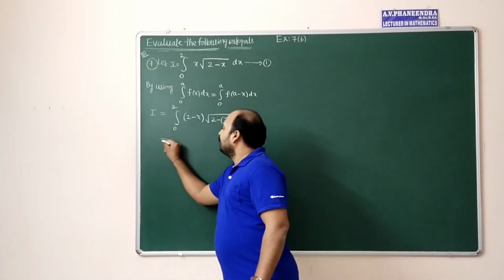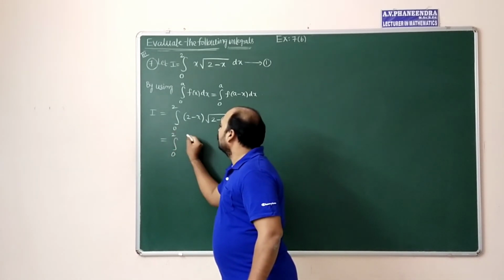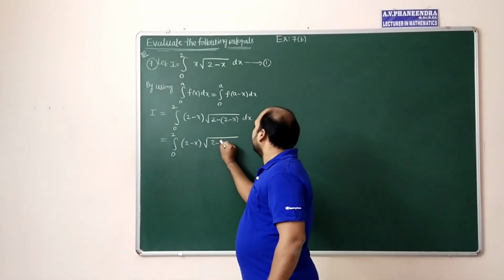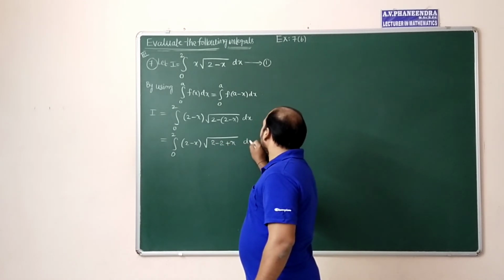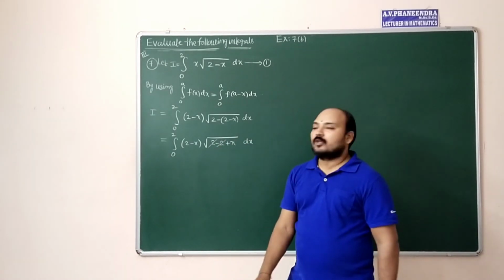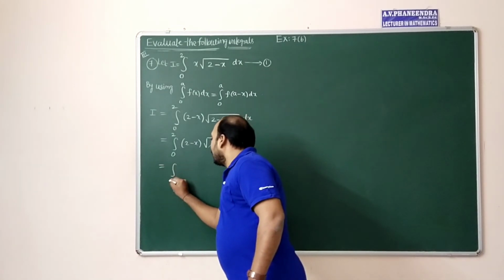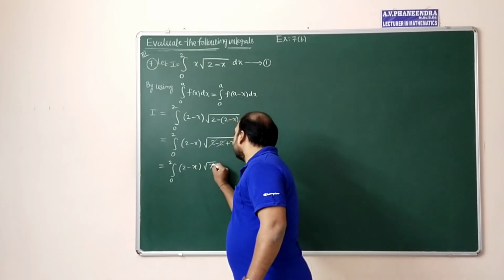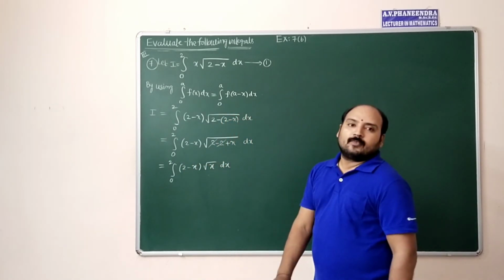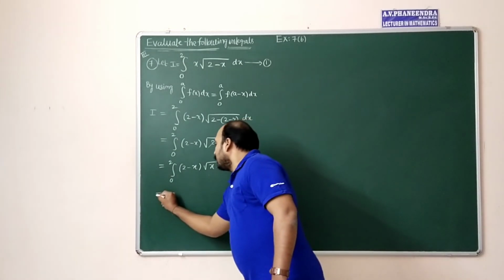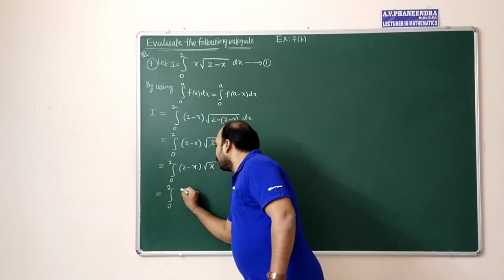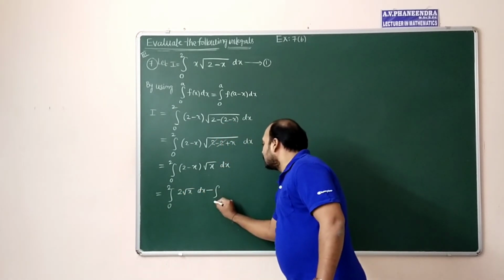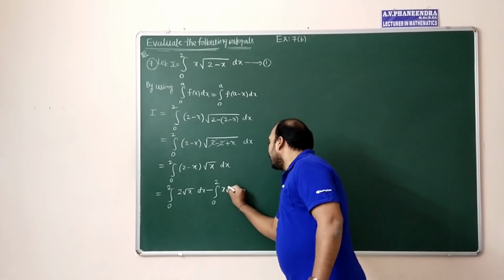Now simplifying, integral 0 to 2 of (2 minus x) into square root of 2 minus 2 plus x into dx, which is equal to integral 0 to 2 of (2 minus x) into root x into dx. Actual multiplication here we have to do: integral 0 to 2 of 2 root x dx minus integral 0 to 2 of x into root x into dx.